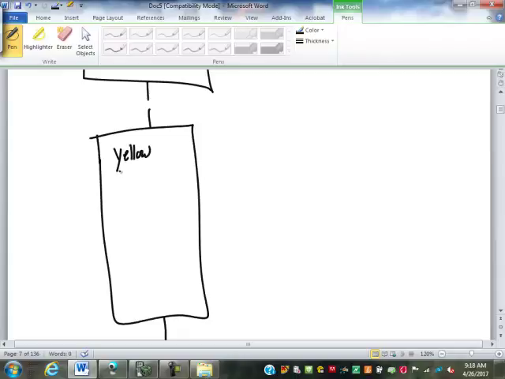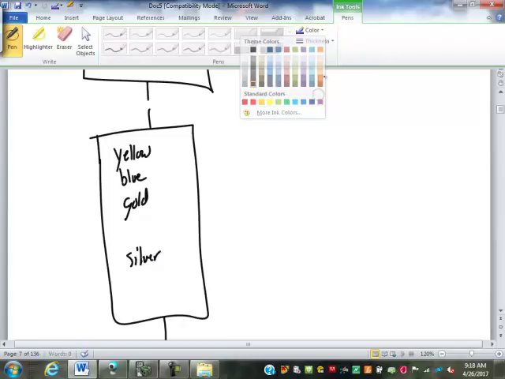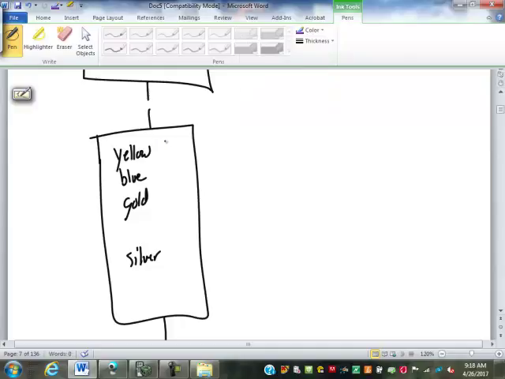Let's say you've got yellow, blue, gold, silver. So yellow is 4. Blue is 6. So those first two digits, 4 and 6, times 10 to the, gold is what? 0.1, sorry.